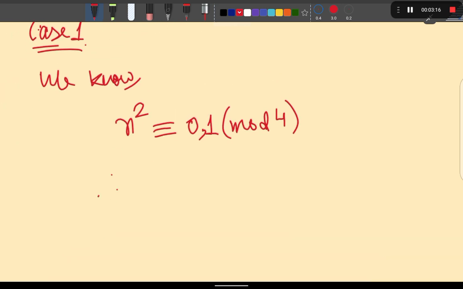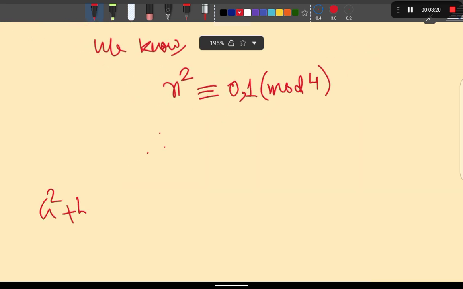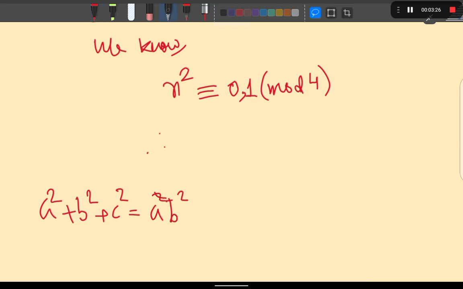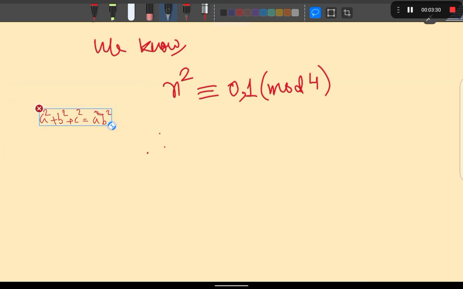So therefore we have in the question a square plus b square plus c square equal a square b square, right? So this is the question. Put it here. Since n square is congruent to 0 or 1 mod 4, we can write that a square is also congruent to 0 or 1 mod 4.